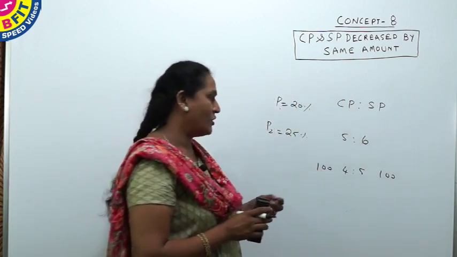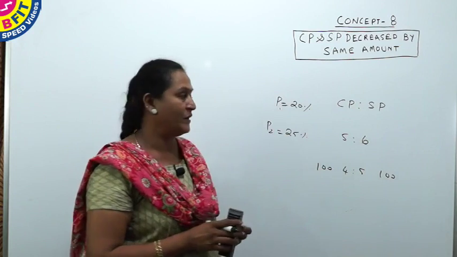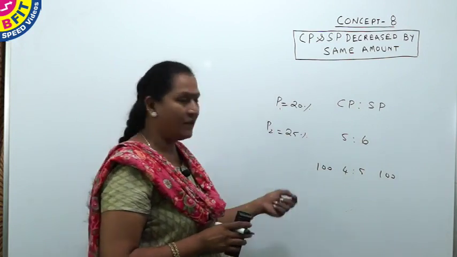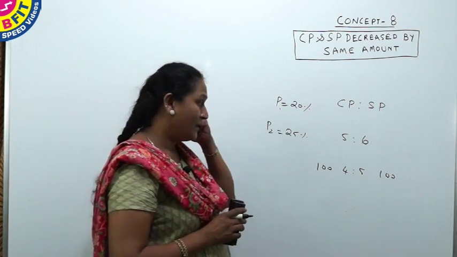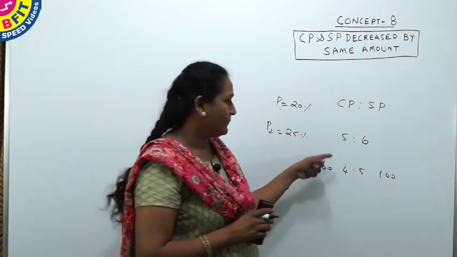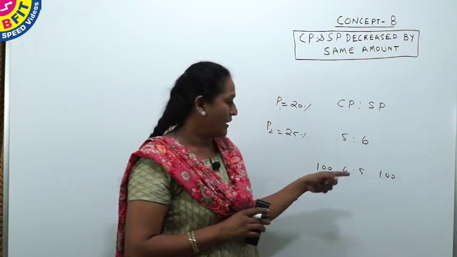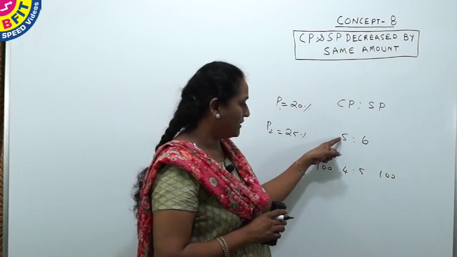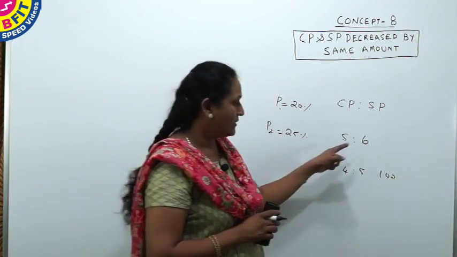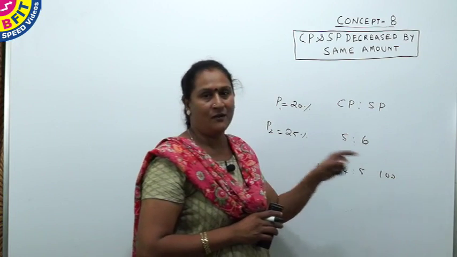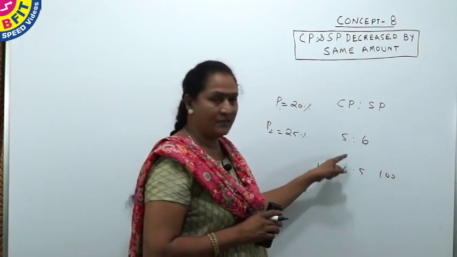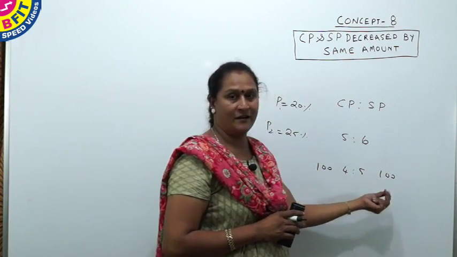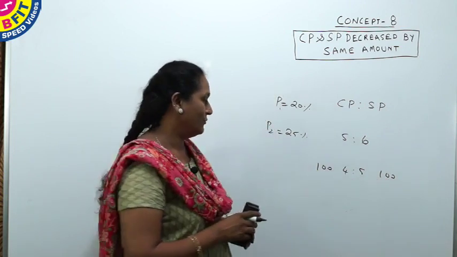Using the concept we have seen in ratio and proportion, we can find the value of one part and proceed. But here, when you check the ratios, earlier it was 5:6 and now it is 4:5. The first part is decreased by one value and the second part is also decreased by one value. So whenever the decrease or increase is the same, this decrease factor, 100 itself, we can work out as the value.